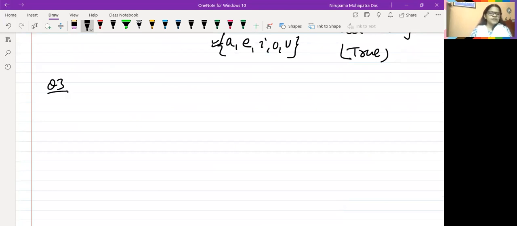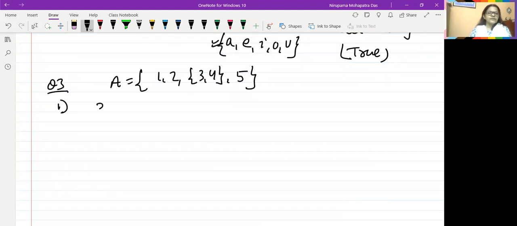Third question is you are given A, the set 1, 2. Just observe it. One element is the set containing 3, 4, then 5. So first part is {3, 4} is a subset of A. You have to tell correct or incorrect, and why.